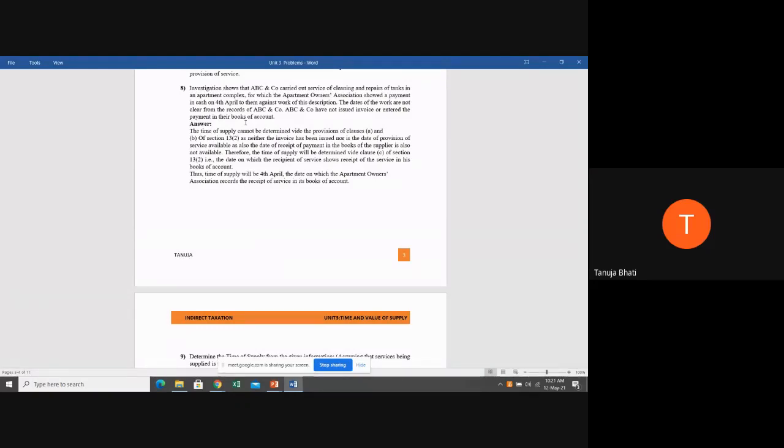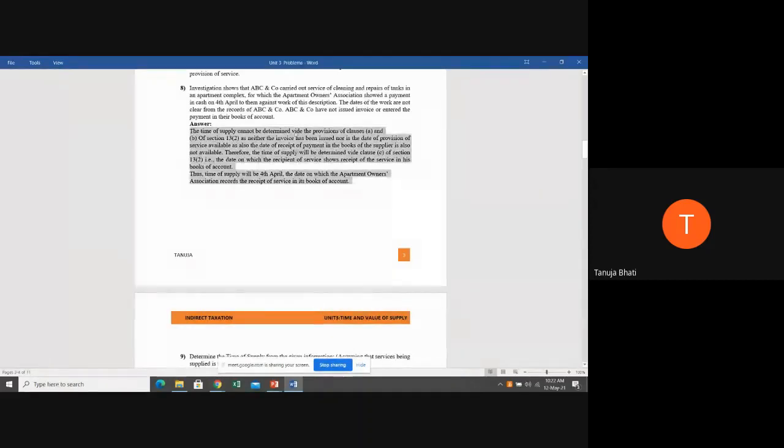So when we were going through the revision, we came across a thing that if you are not able to ascertain the date of invoice or the date of provision of service, then in that case it will be the date on which the recipient is recording the payment in the books of accounts. So let us just go through the solution.